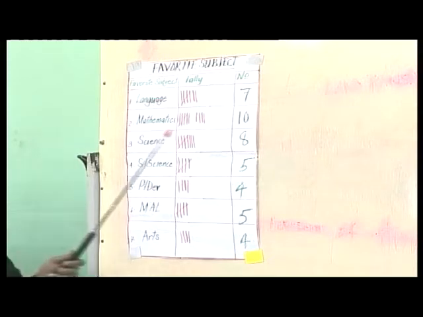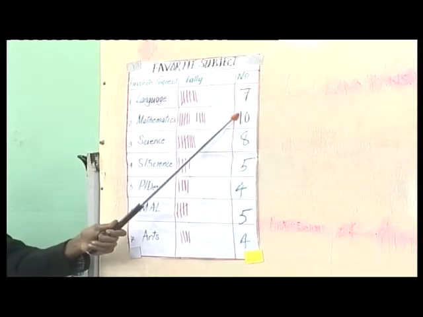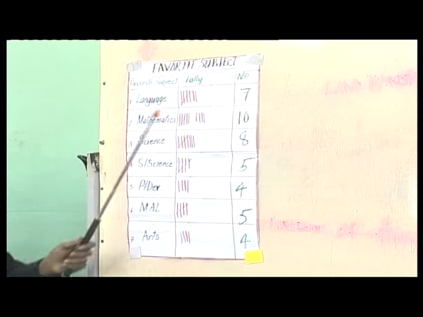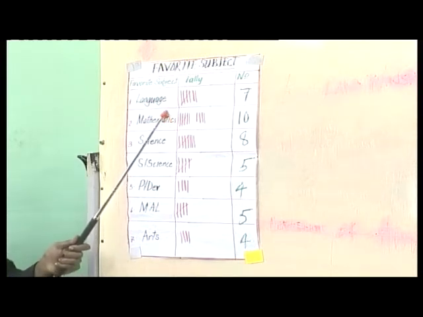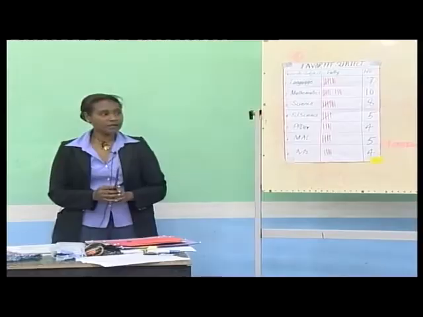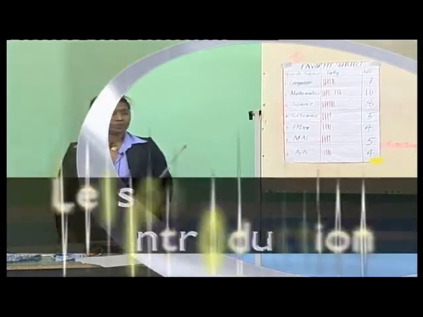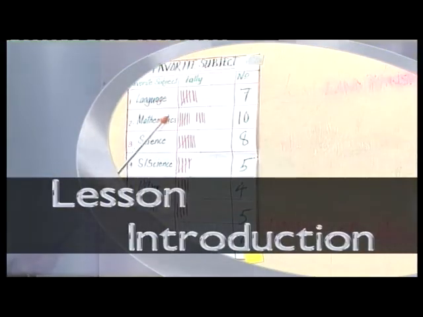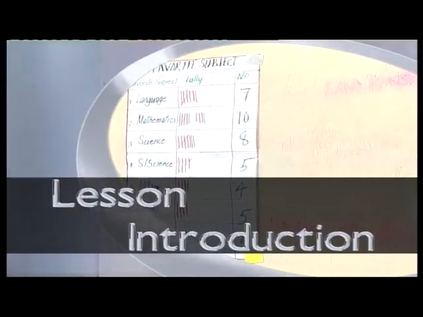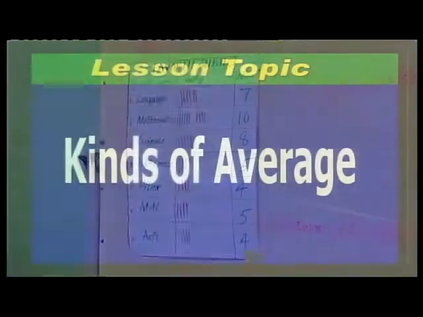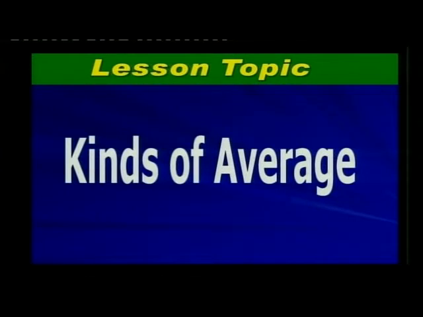Because there are 10 people that like the subject. When we go through our lesson for today, we will come across the proper name that will describe something that is favored or that appears most often. So our lesson topic for today, receiving students and 60s, is kinds of average.